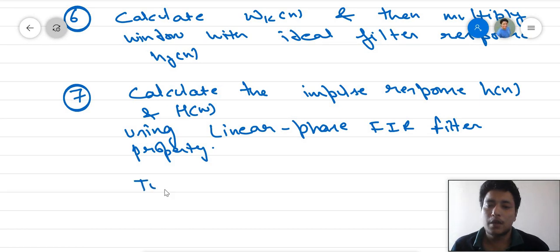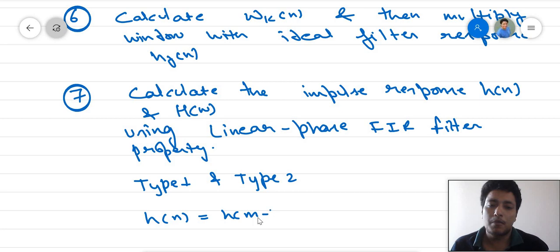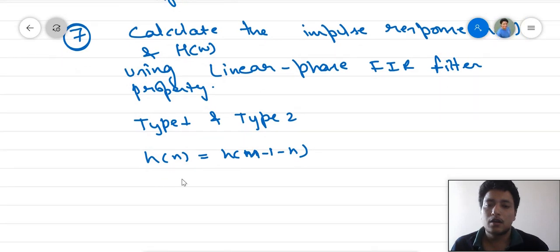For type 1 and type 2, h(n) will be equal to h(M minus 1 minus n), and tau will be equal to M minus 1 by 2.